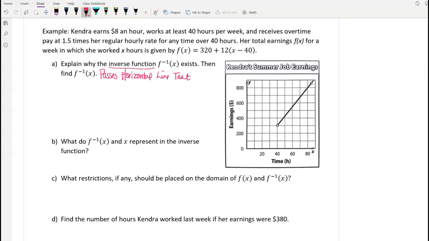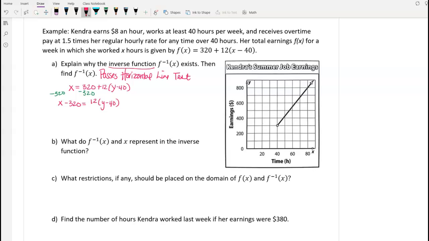So just like before, we're going to flip-flop our x's and our y's. So x now equals 320 plus 12 times quantity y minus 40. First things first, let's subtract 320 from both sides. So now I have x minus 320 equals 12 times quantity y minus 40.